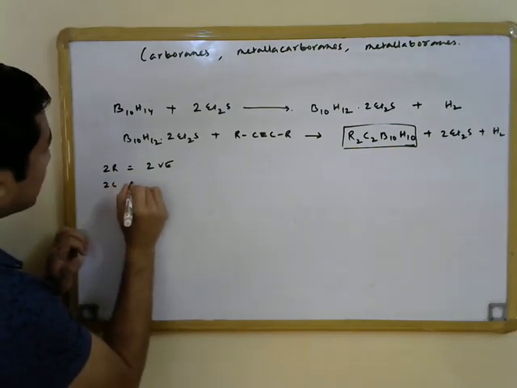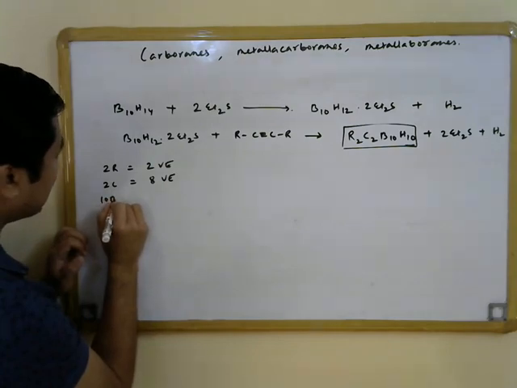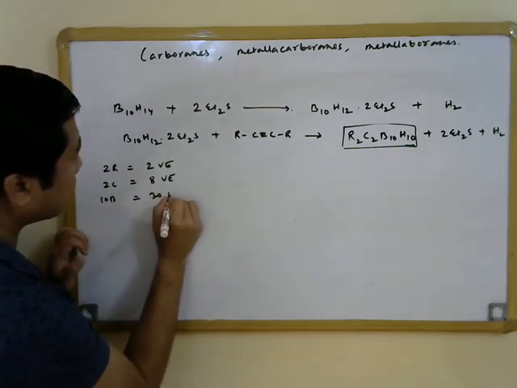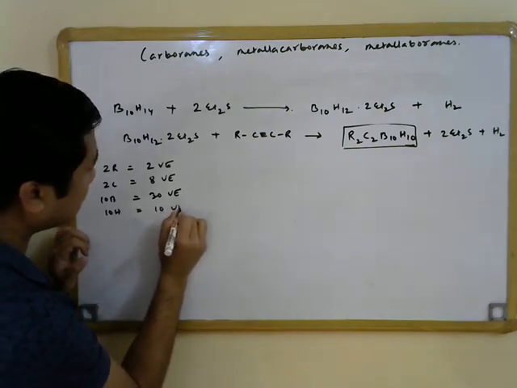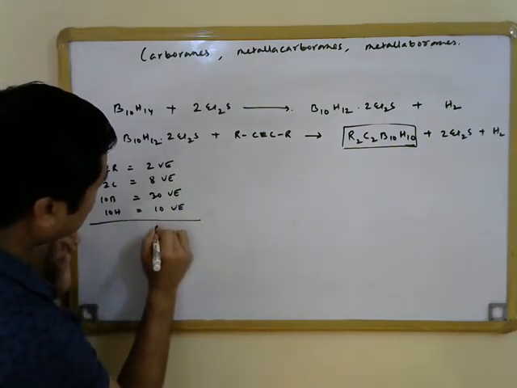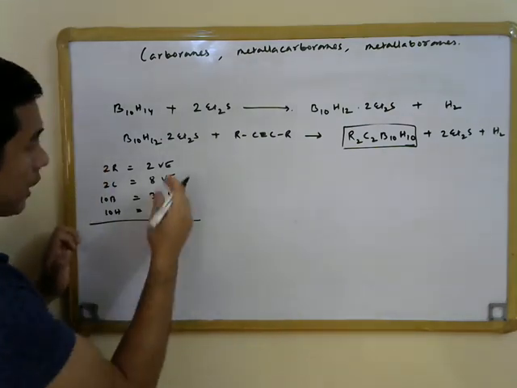So 2 carbon centers will give us 8 valence electrons, 10 boron centers will give us 30 valence electrons, and 10 hydrogen atoms will give us 10 valence electrons. So the total is 50 valence electrons.